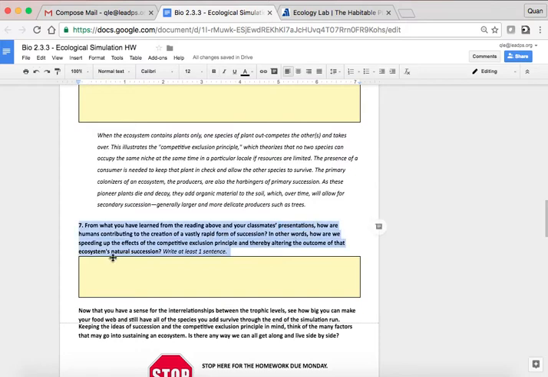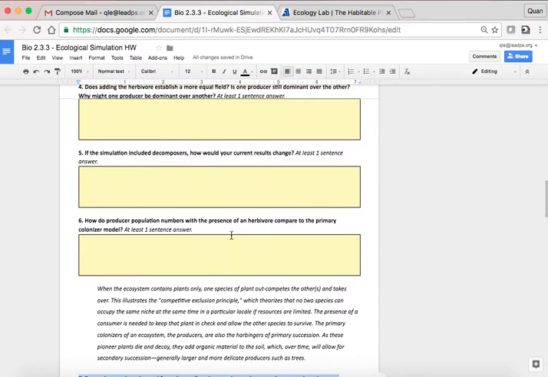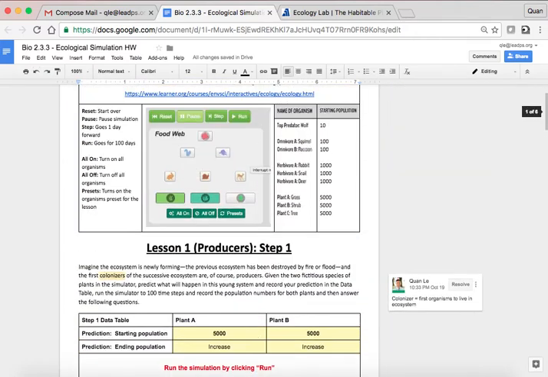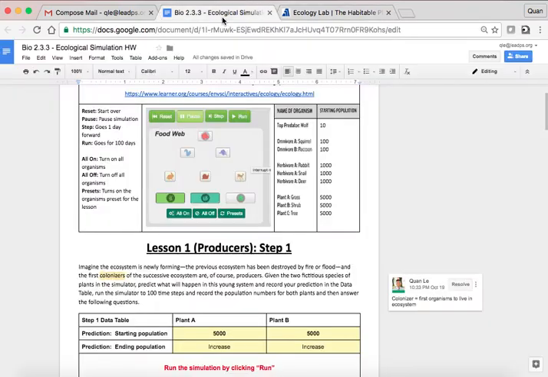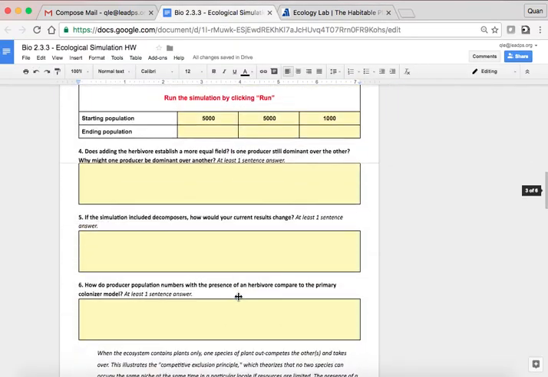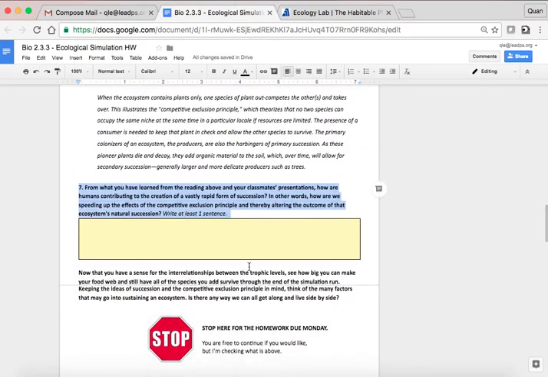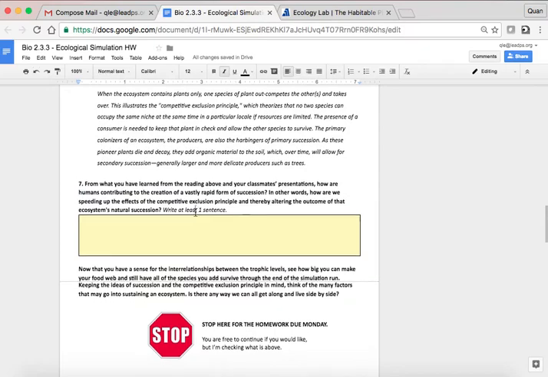In other words, how are we speeding up the effects of the competitive exclusion principle and thereby altering the outcome of that ecosystem's natural succession? Obviously, when you put plants and animals in this ecosystem, they either survive or they don't survive. How do you think humans and their effects on ecosystems affect this survival rate? Write at least one sentence.